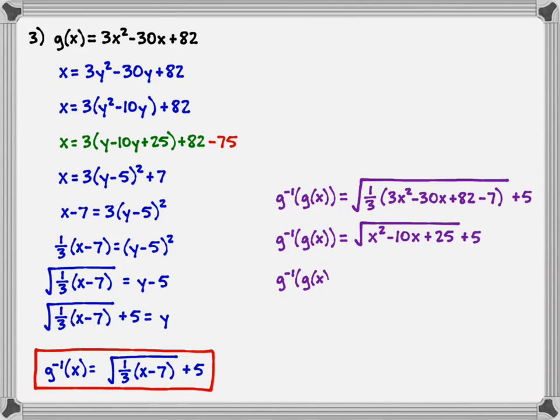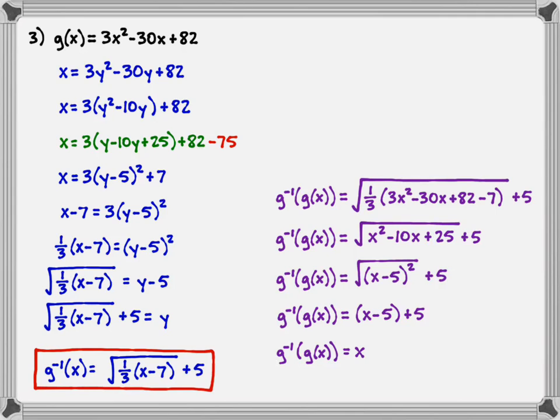So I could write the x squared minus 10x plus 25 as x minus 5 squared. And then as a result, we can see the radical and the square cancel each other out. And so we're left with x minus 5 plus 5, and then x minus 5 plus 5 is just x. And therefore, we have just verified that the function that I ended with is actually the inverse of the function I started with. So that's kind of cool.